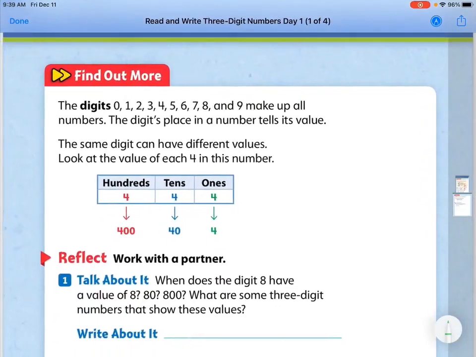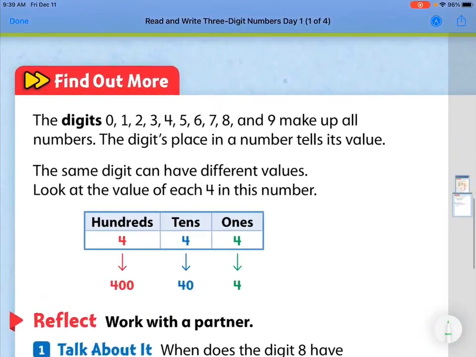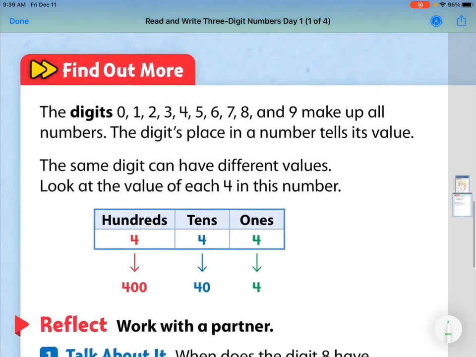Page 97 at the top really is just giving you a little bit more information about what digits are and how we can put digits together to create numbers, okay? So I'm going to read it to you. It says the digits 0, 1, 2, 3, 4, 5, 6, 7, 8, and 9 make up all numbers, okay?